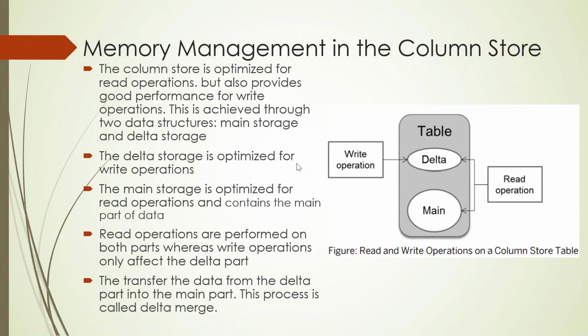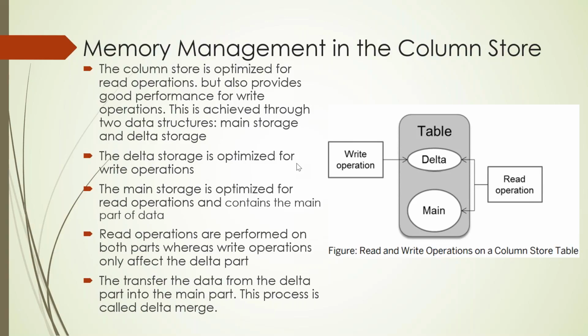But as per our first lectures, the column store is good for the read operation, but not for the write operation. So how is the sentence claiming that it also provides a good performance for the write operation? This is achieved through the two delta structures.